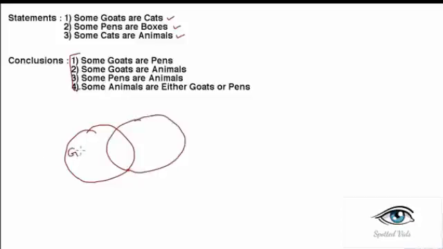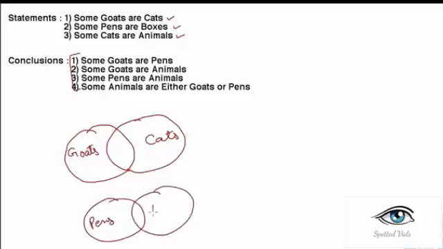Some of the goats are cats. That means a part of goats are cats and a part of cats are goats. And some pens are boxes. Some cats are animals.